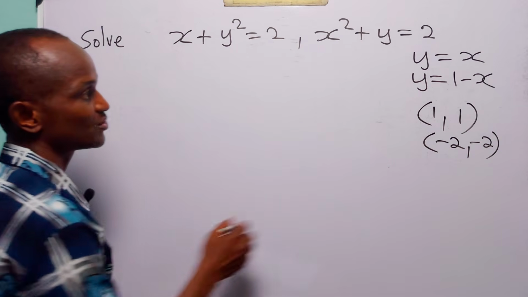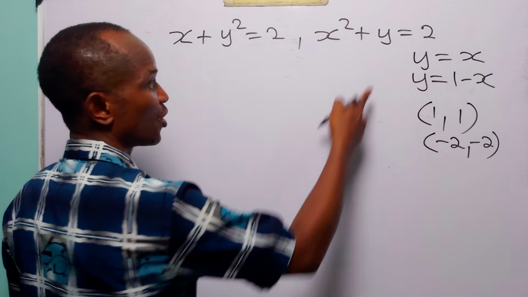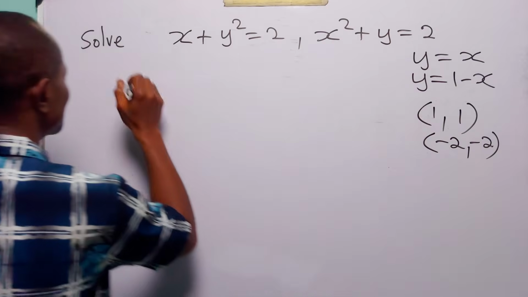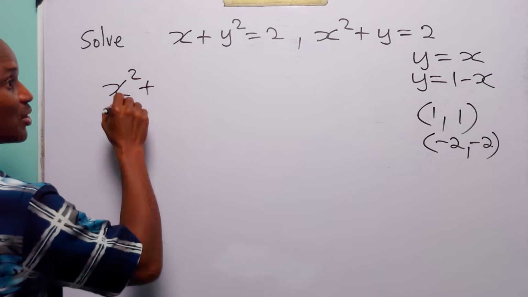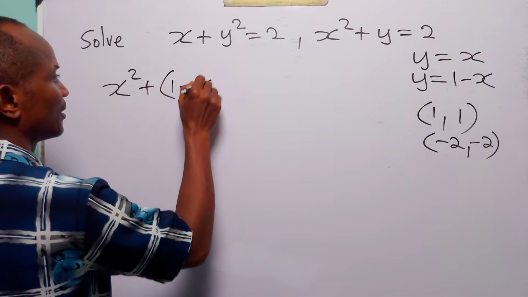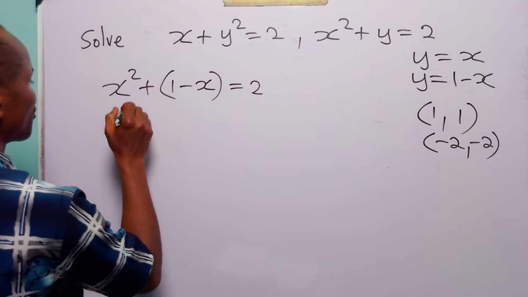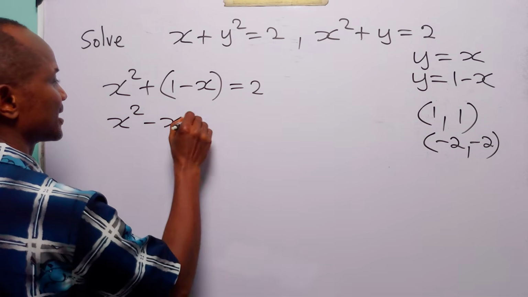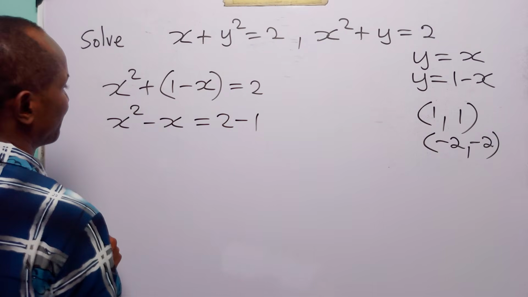And in the second case, we have that y is equal to 1 minus x. Once more, when we replace y with 1 minus x in the second equation, we have x squared plus 1 minus x is equal to 2. From here, we have x squared minus x is equal to 2 minus 1.